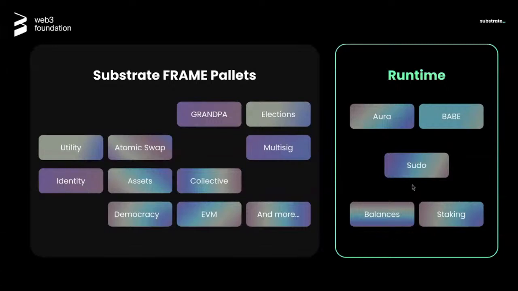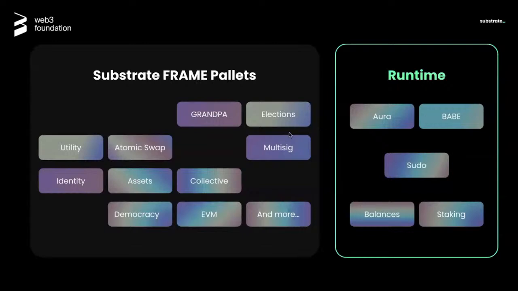Similarly, you can have a staking pallet. BABE and Aura are block production mechanisms, and they are hard coded as well. All you have to do is define, and I'll show you later, the authorities, meaning who can produce blocks, and then you use this logic for block production.